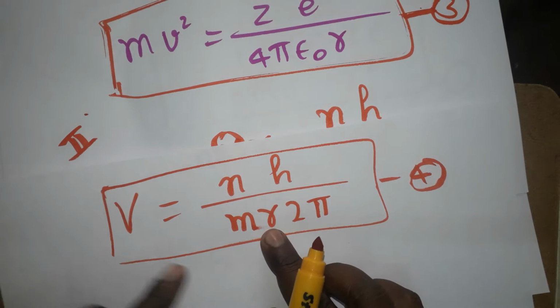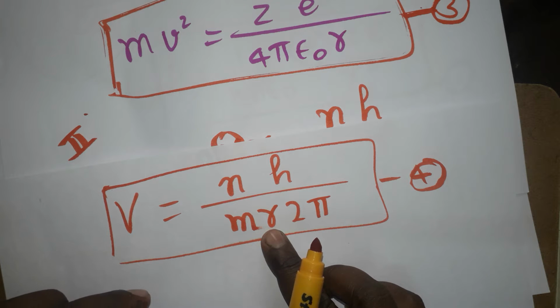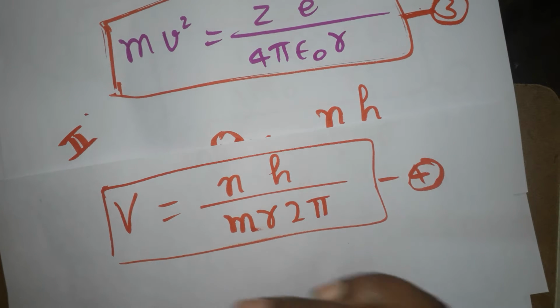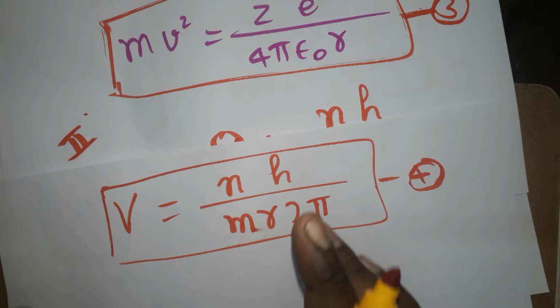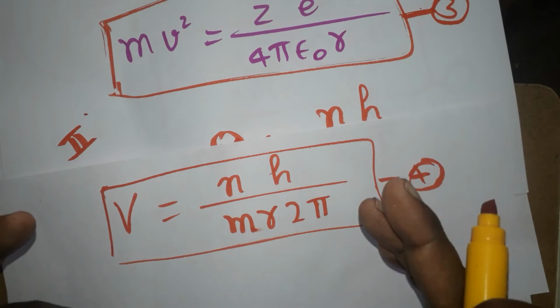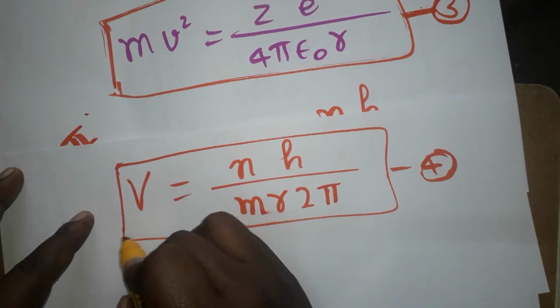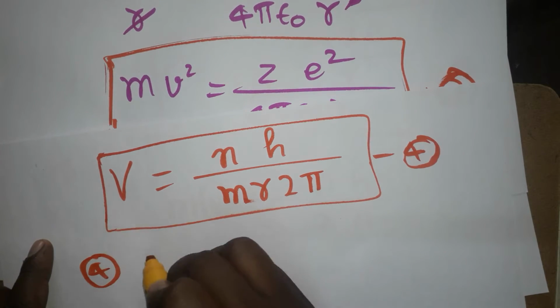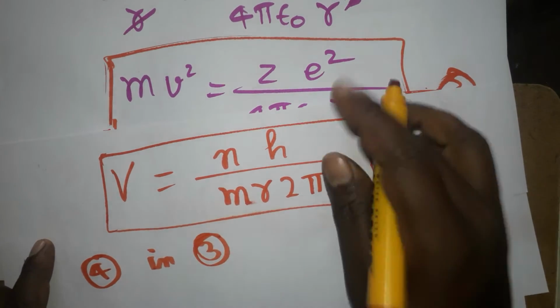So I am going to substitute the radius value, so that in a single equation I get only velocity or only radius. Both unknown terms in a single equation make the equation useless. See here, velocity I am substituting in the third equation, that means the fourth equation in the third equation.